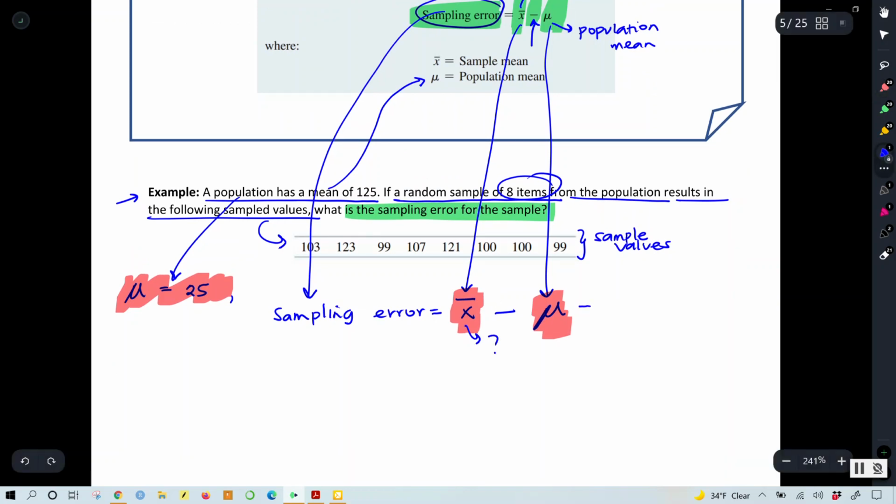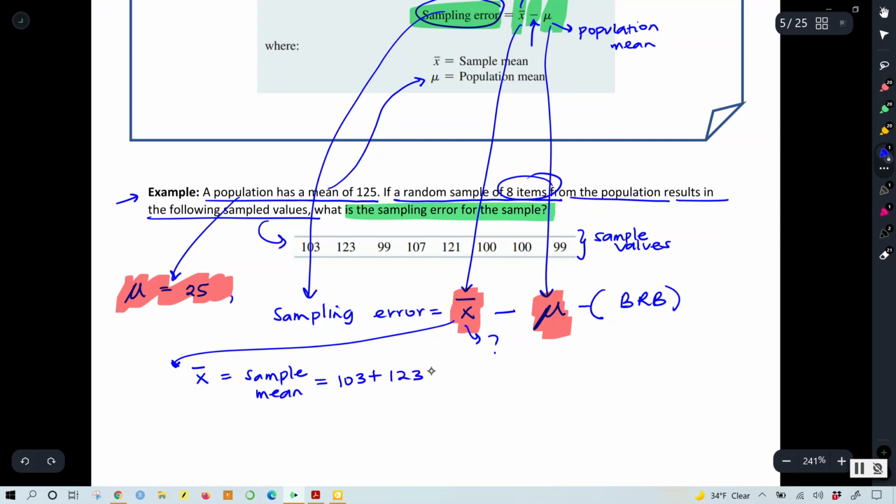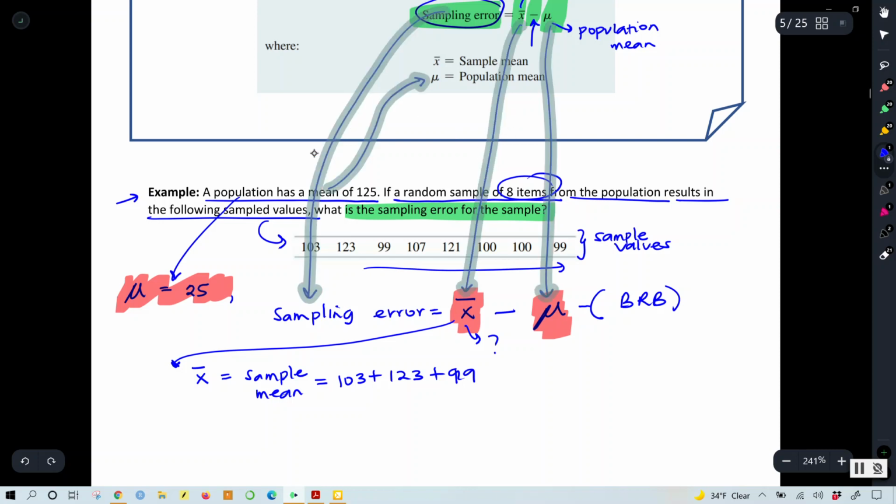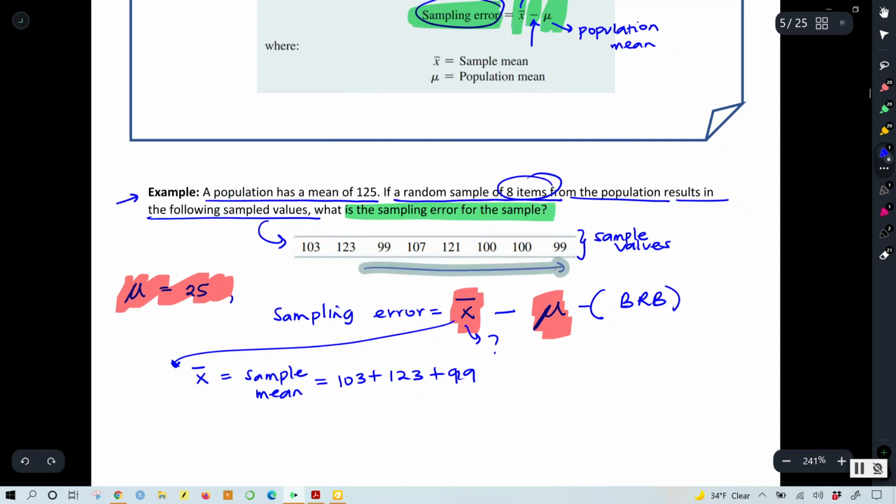So I'm going to pause on this. I'm going to say be right back. And I need to go to the store to get X bar, the sample mean. Now the sample mean would mean I need 103 plus 123 plus 99. Let's clean this up a little bit. I will continue all the way.